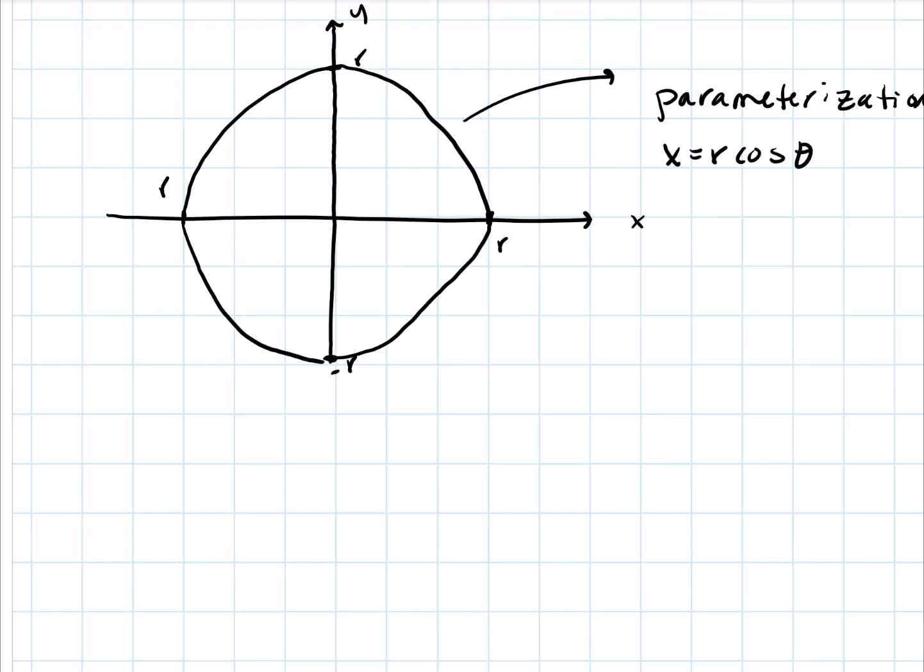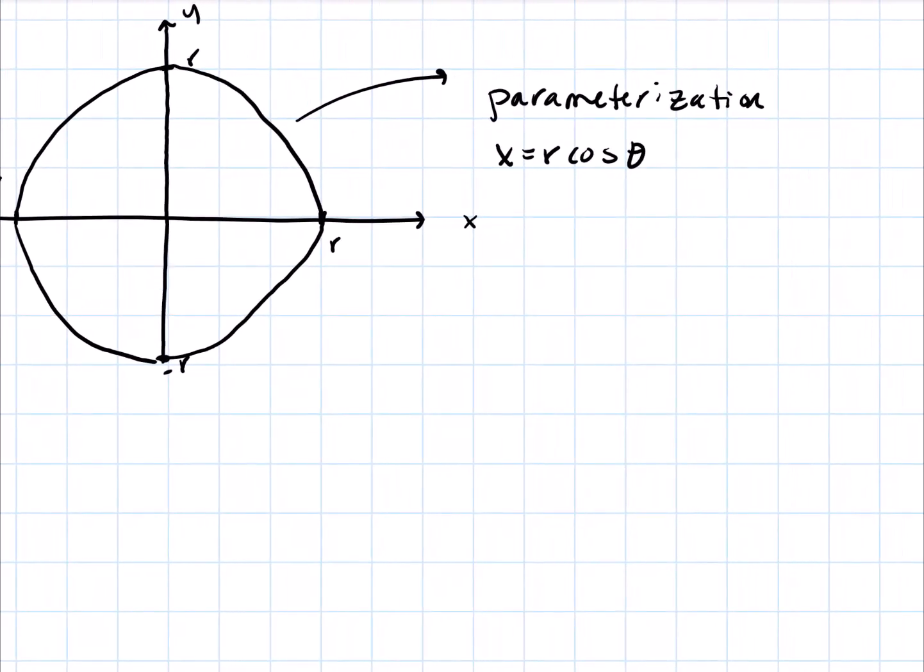And I will use theta because we're talking about circles, and so it does make sense. We could say t if we wanted to, but I'm going to use theta. x equals r cosine of theta and y equals r sine of theta on theta from 0 to 2 pi.